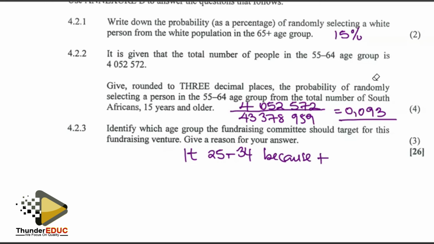We are saying they should target 25 to 34 because they are many.